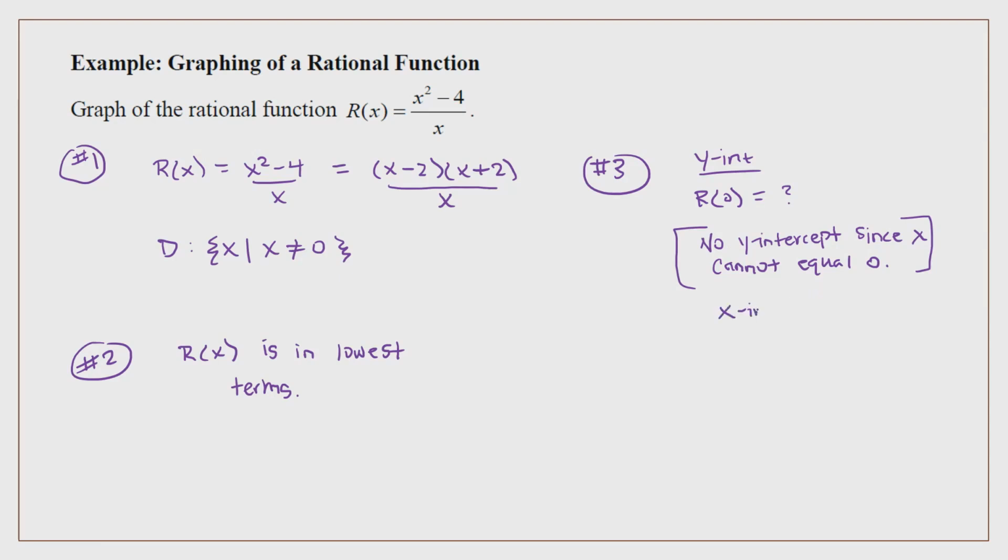So for the x-intercept, this is when we set r of x equal to 0. Okay, so in other words, we're going to set the numerator equal to 0. So then we can set each factor to 0 and solve for x.